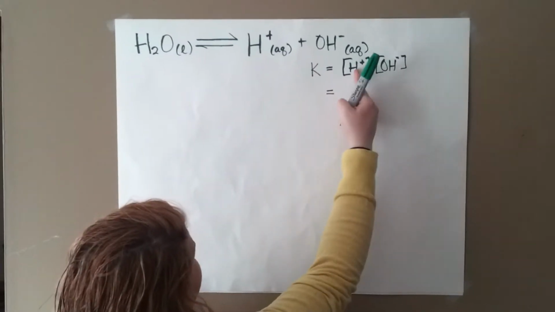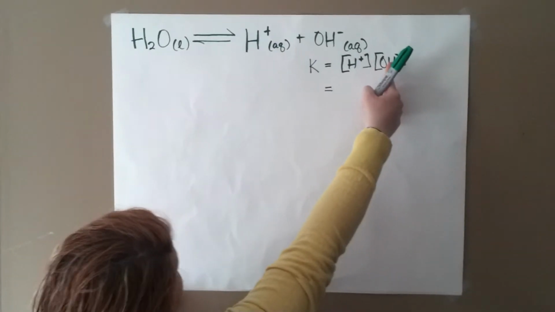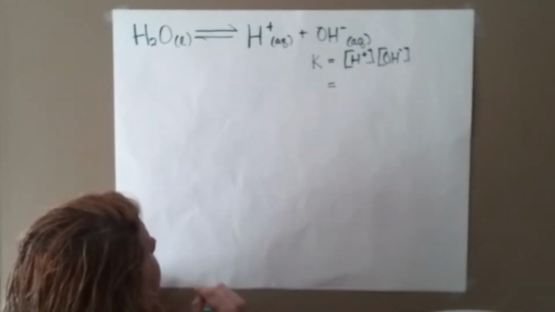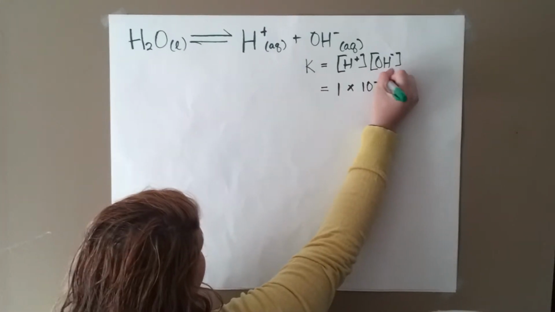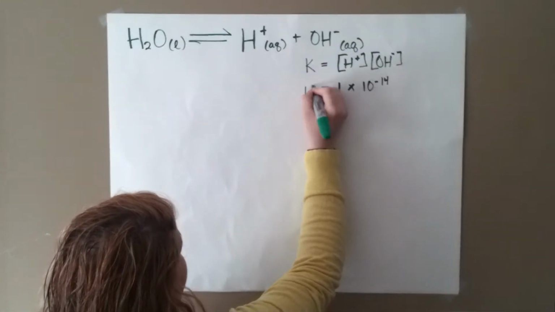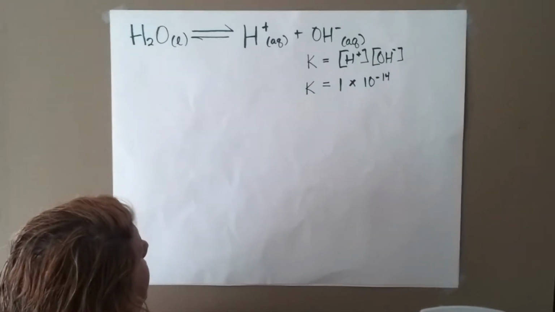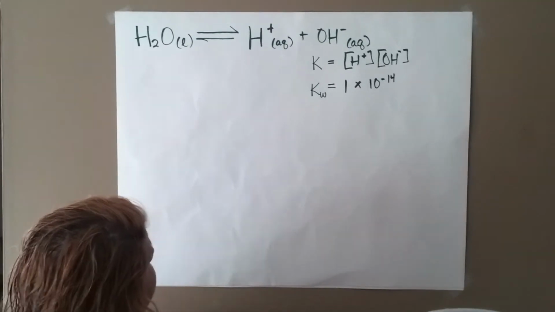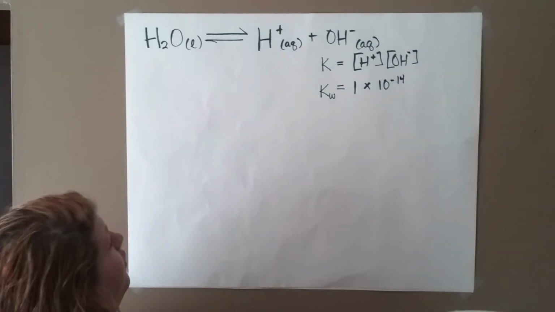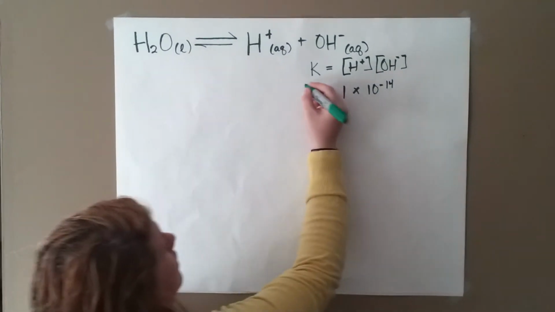No matter what these concentrations are, there's always a ratio that makes their product equal to 1 times 10 to the negative 14th. So that's your K for this, and since it's a constant, we call it Kw. That's the equilibrium constant for the dissociation of water.